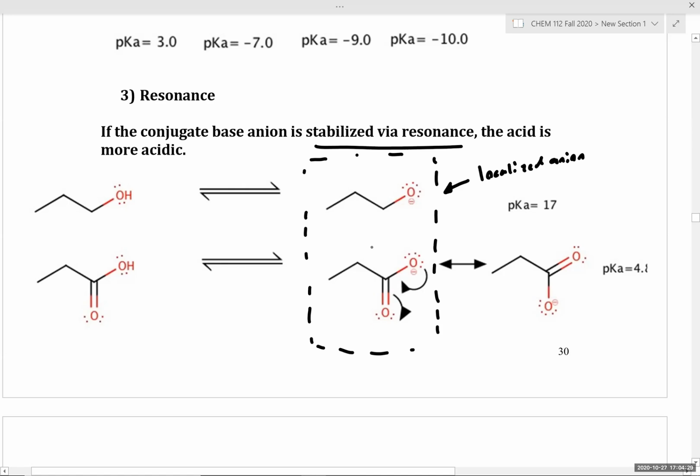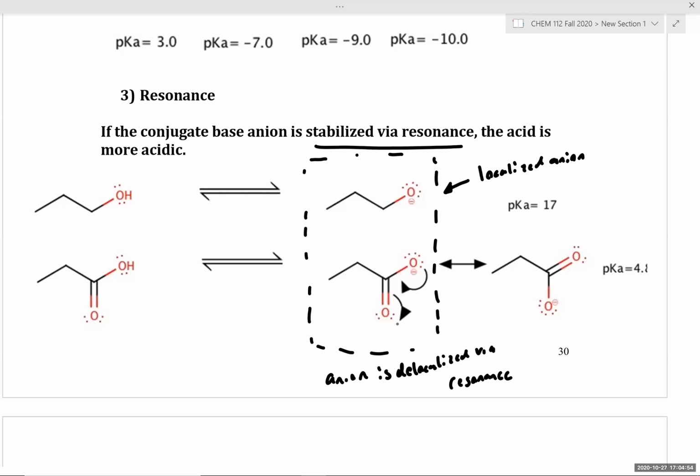Compared to the following carboxylate anion, we see that this anion is delocalized via resonance, and as a result, this anion, which is stabilized and delocalized via resonance, is substantially lower in energy and substantially more stable.